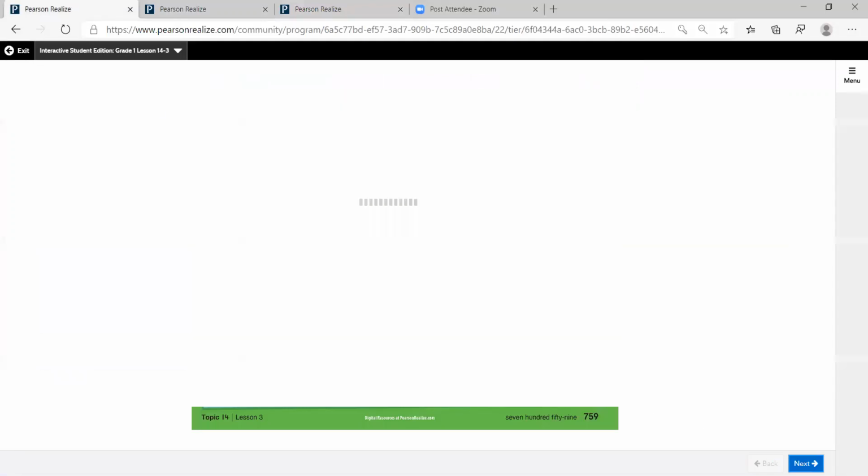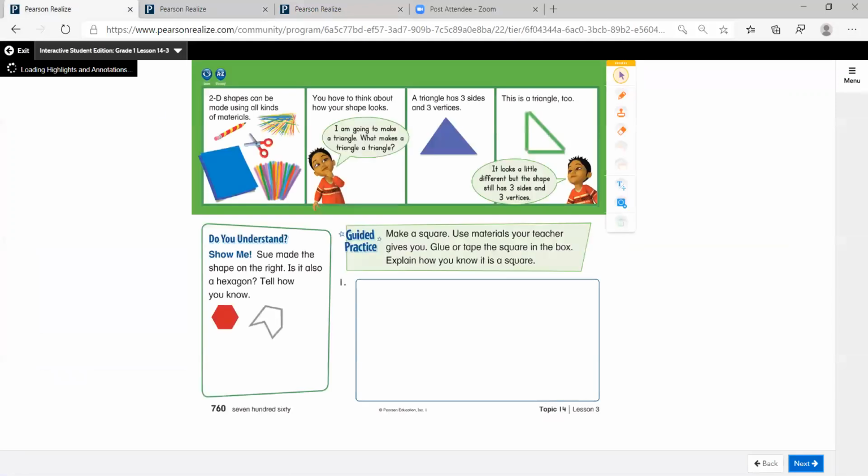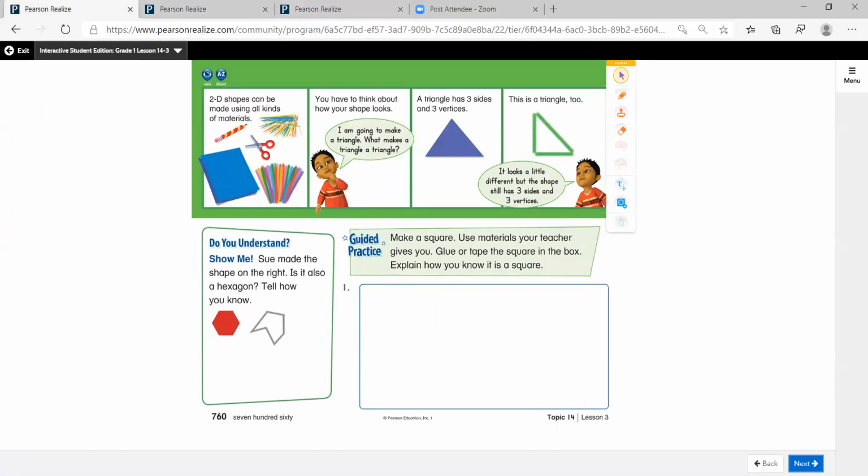All right, let's take a look at our Do You Understand Show Me box. Sue made the shape on the right, this shape here in gray. It is also a hexagon, like the first shape here in red. How do you know that this shape she made is a hexagon? Doesn't look like the red one, but it's still a hexagon.